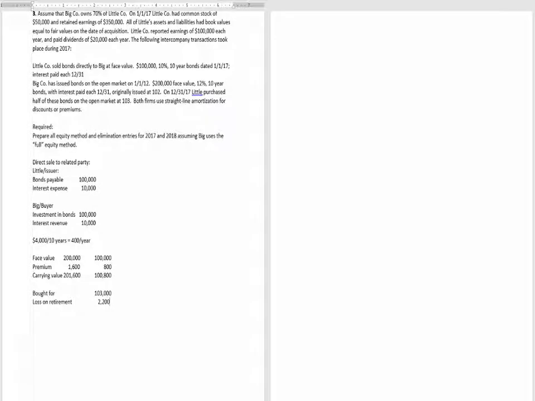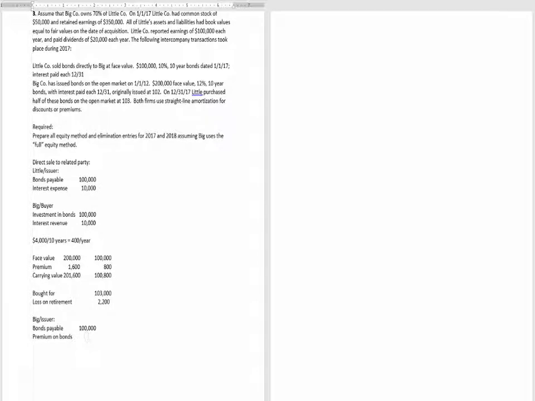And now once we do that, we sort of know what we should be expecting. Let's go ahead and make up our shopping list of the accounts on the books of Big the issuer and Little the buyer. Big the issuer. At December 31st, when we're making our first elimination entries, Big the issuer has bonds payable of $100,000. Again, we're concerned with the ones that are being retired. And these bonds have a premium of $800.